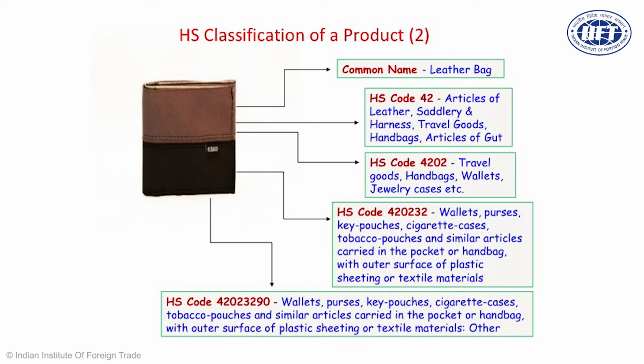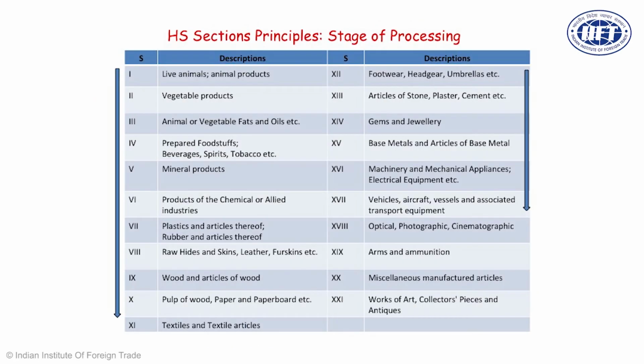Now, very quickly, we are going to look at how you are going to find your product among all the HS codes that might be there. It is easy actually. There are a couple of rules of thumb that you can follow for this purpose. Number 1, stage of processing.